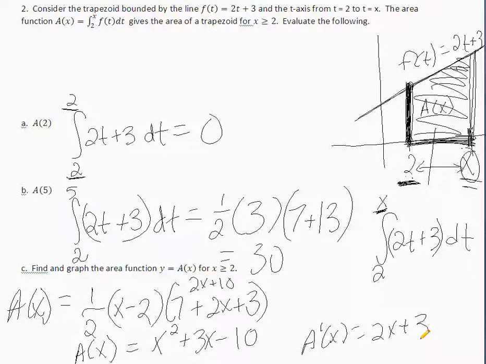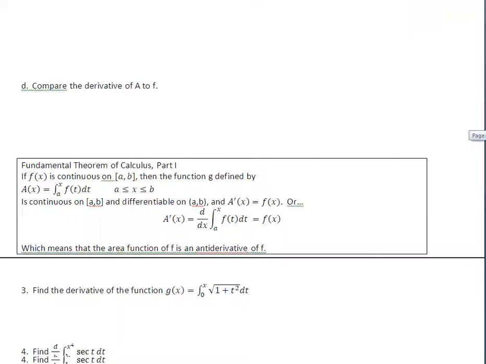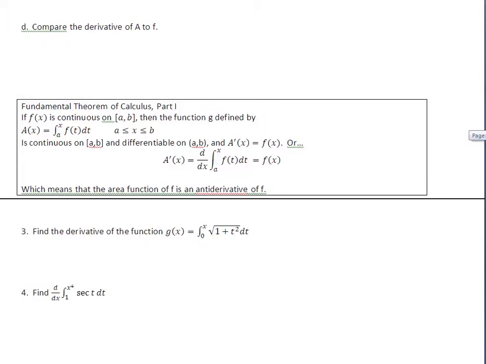That's really the first part of the fundamental theorem of calculus. In all this jargon, if I take the derivative of an integral from some number to x, it's just going to be the function that I'm taking the integral of.